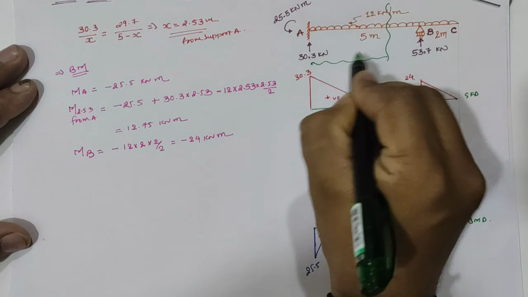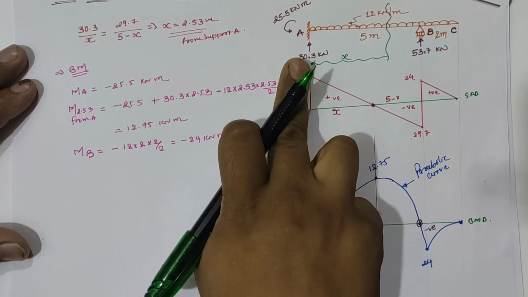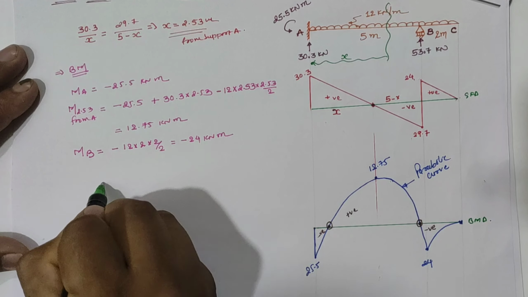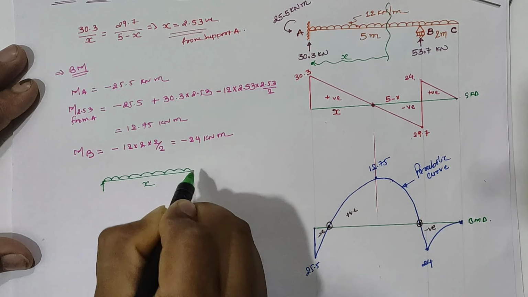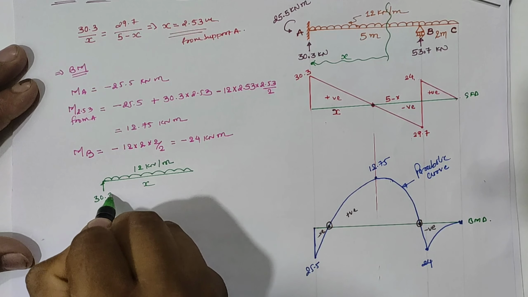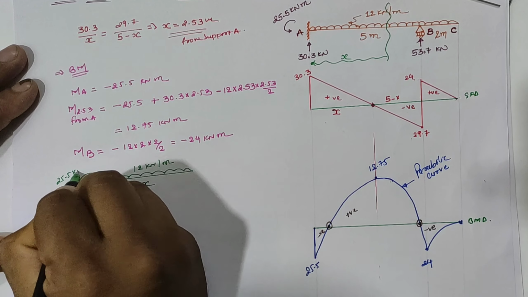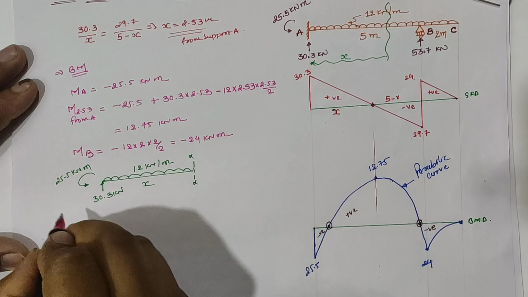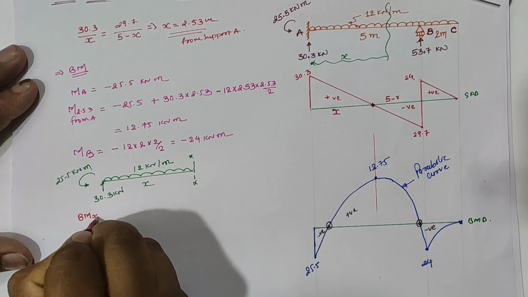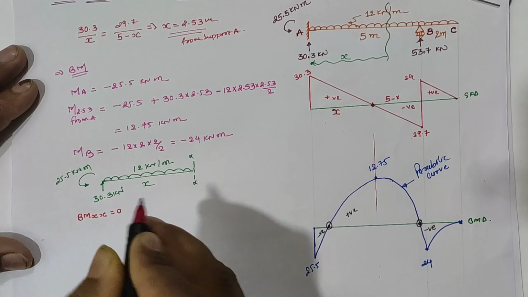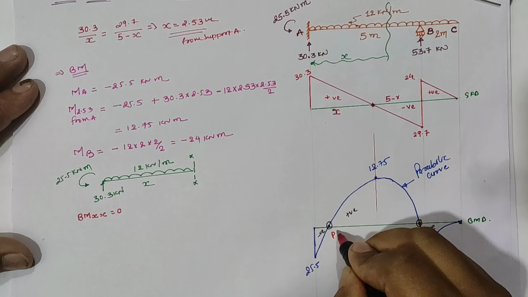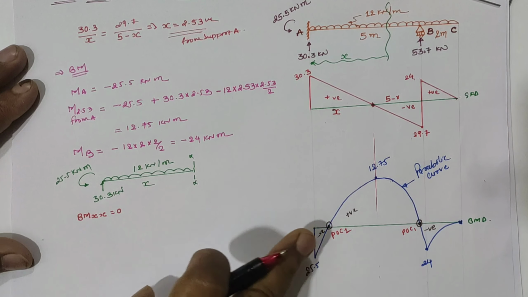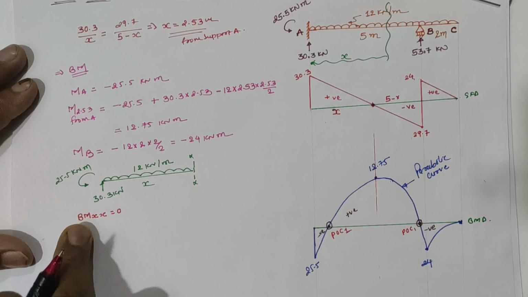at distance x meter from support A, and if we draw a section part, then it is as shown. Now for this section, we take the bending moment value as equal to 0, as we are going to calculate the point of contraflexure for the given beam, and we know that at point of contraflexure our bending moment is 0.